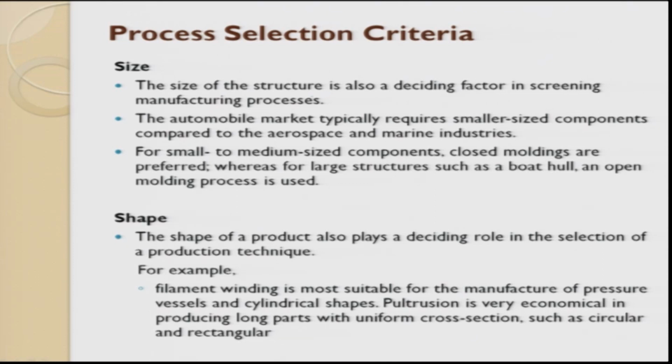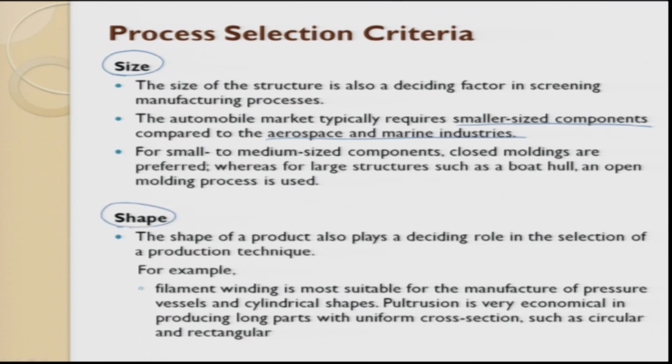The automobile market typically requires small sized components compared to aerospace and marine applications. Closed molding is preferred for small and medium sized components, whereas for a large size it will always be a single side die, or an open mold process. So, size with respect to closed or open mold process also plays a very important role.